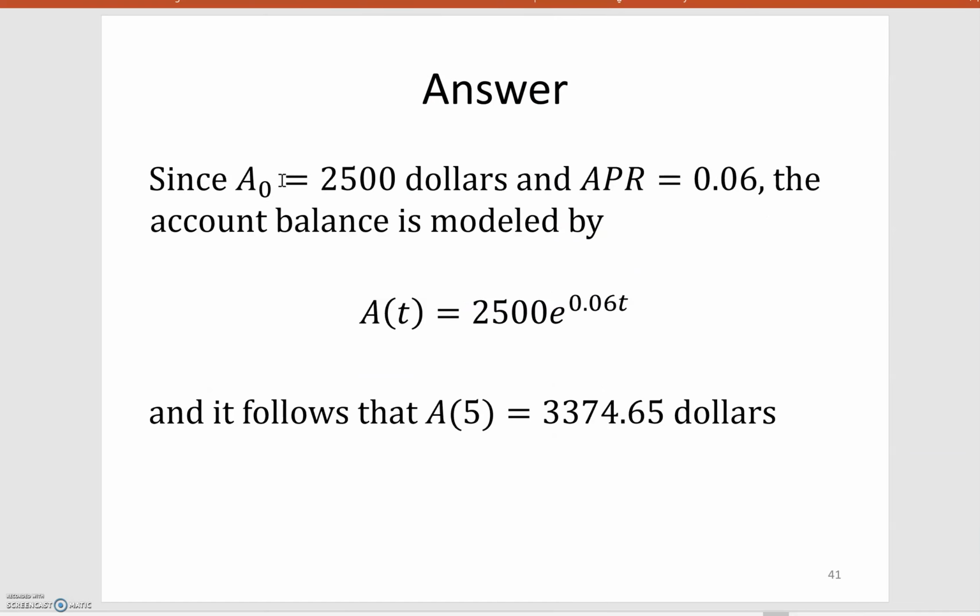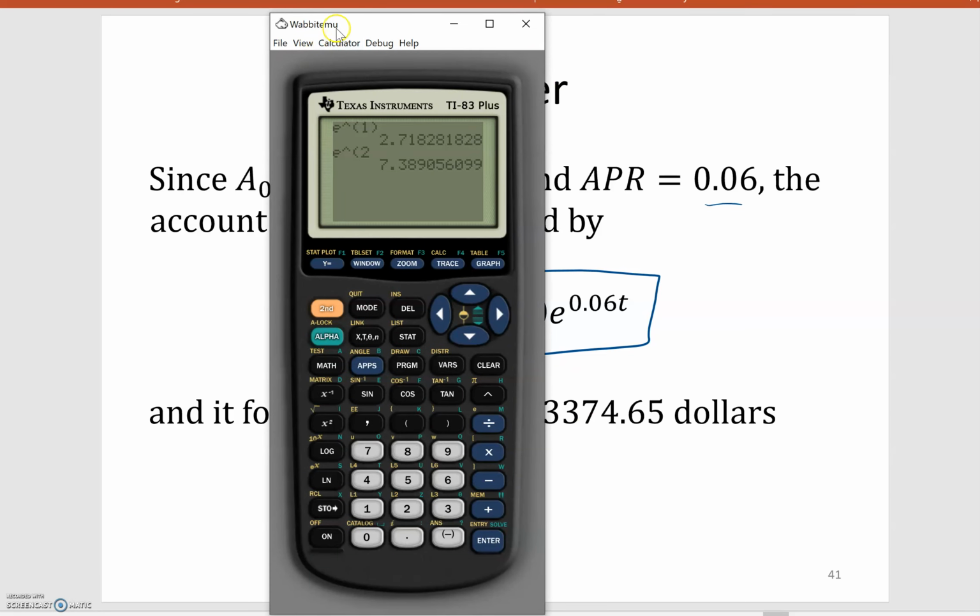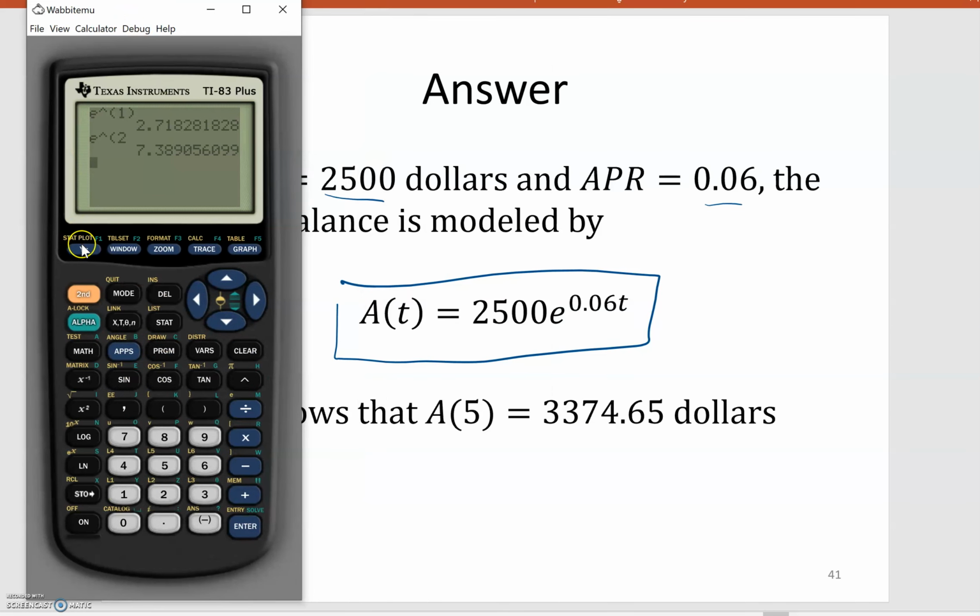All right, so just to get some facility with calculating, back to this model: A sub 0 is $2,500, the APR is 0.06, so our model is 2,500 times e to the 0.06t. This is our continuously compounded growth model for the given APR and initial value. And then to find the function value, let me show you.